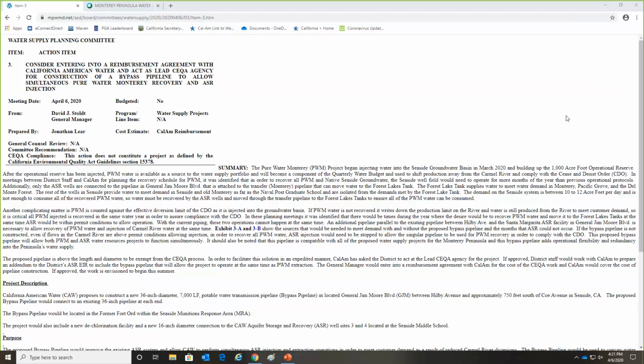I think the way that this came about was CalAm approached the Water Management District with this suggestion. The difference is at this time, with some desal delays that we're facing, in order to operate the system efficiently and effectively without desal and maximize all the water supplies that we have, this pipeline would help in that regard.